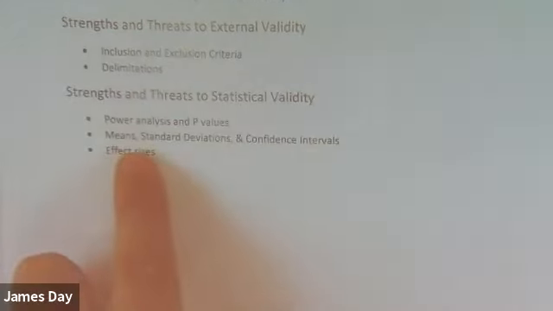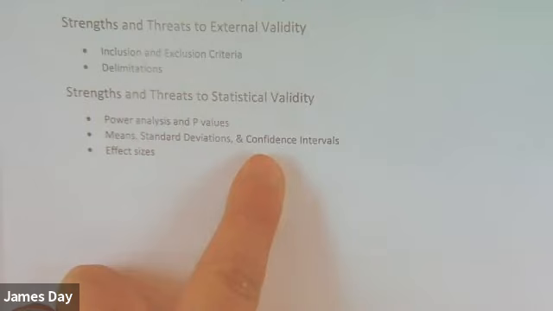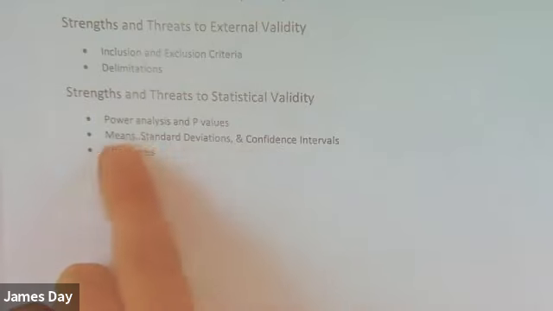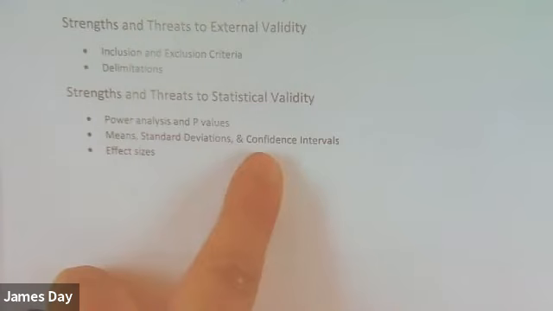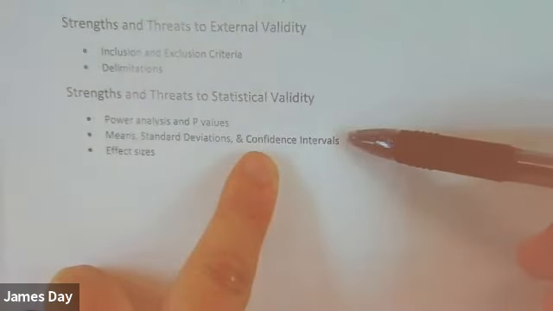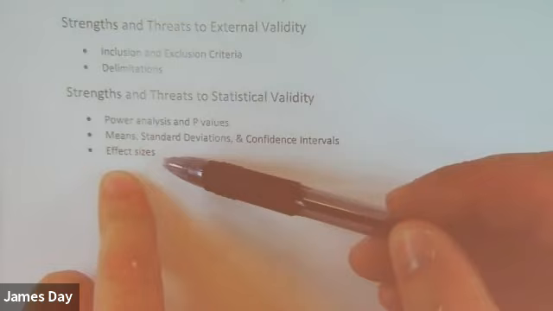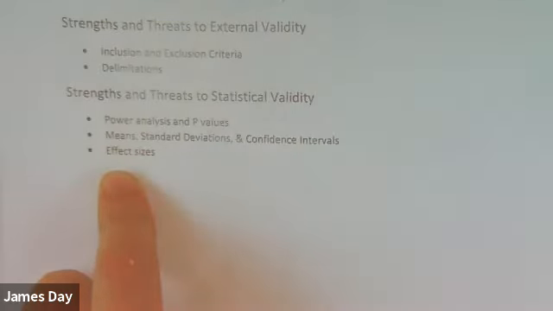You're also going to look, did they report out means, standard deviations, and confidence intervals? And this just describes the specific levels in different ways of each group. All you're going to do is look, did they report them out? Right? And do you believe that they were appropriate? And lastly, did they report effect sizes?